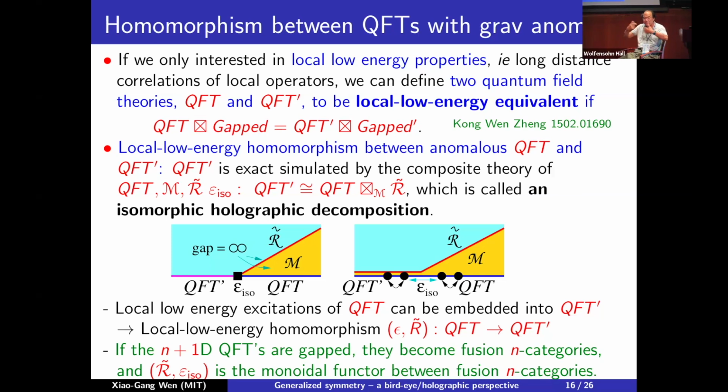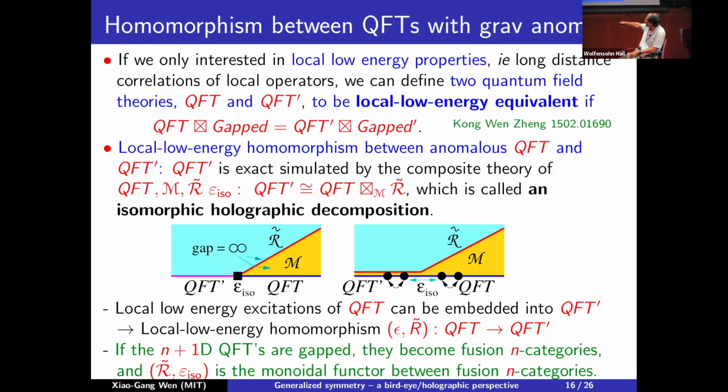So this became the general feature of this homomorphism between anomalous quantum field theories. That is, this quantum field theory is equivalent. So now it's a more precise limit. This quantum field theory, in every respect, is equivalent to this composite quantum field theory.